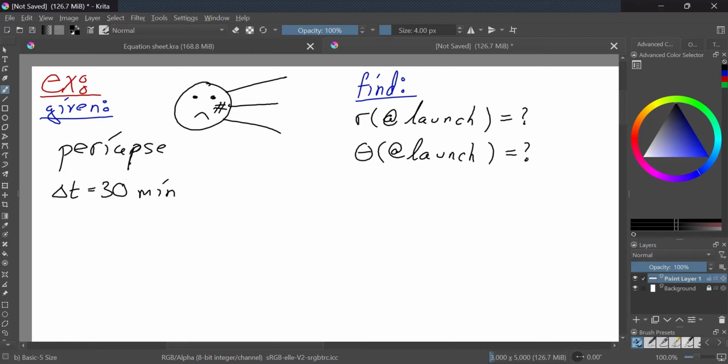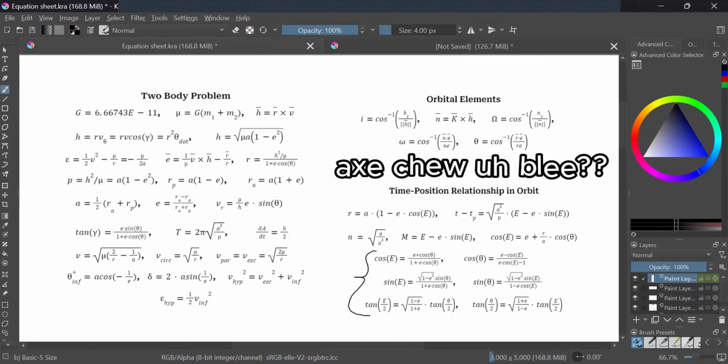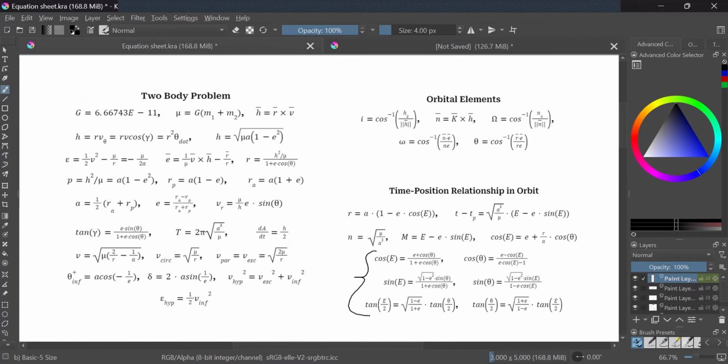Okay. So from here, this problem statement allows us to, like I said, use most of the equations that we have derived for the time-position relationship. Most times we would need to convert from theta to E. We will then need the average speed and mean anomaly equations.